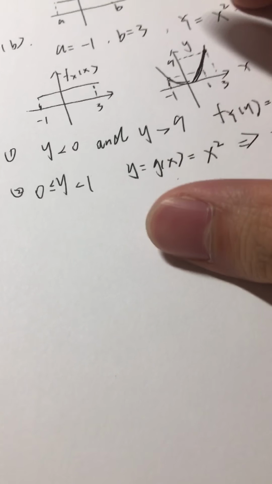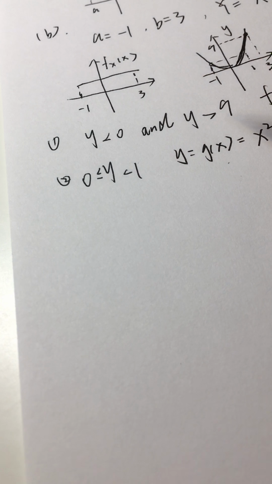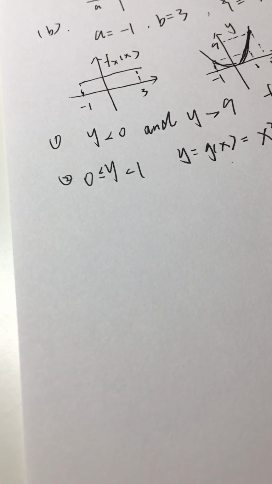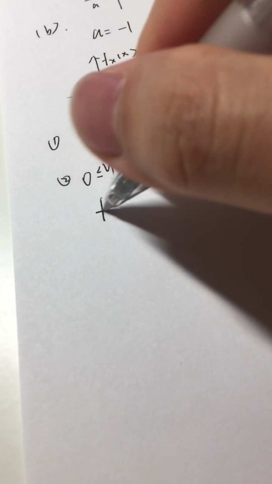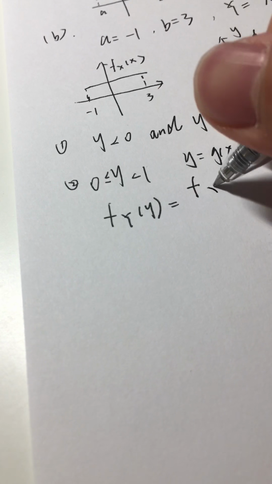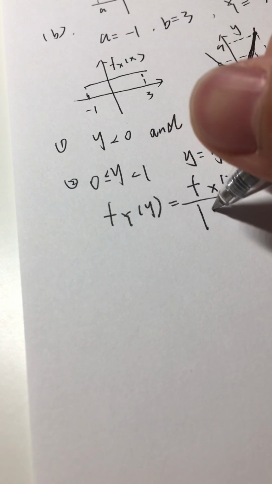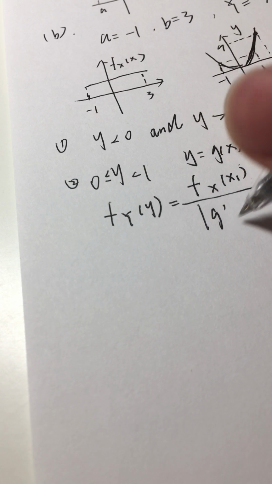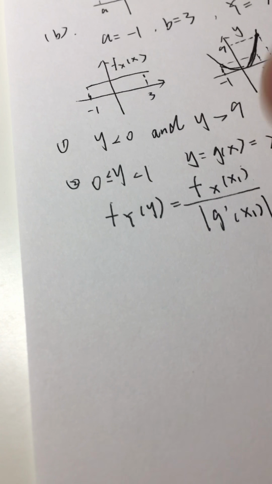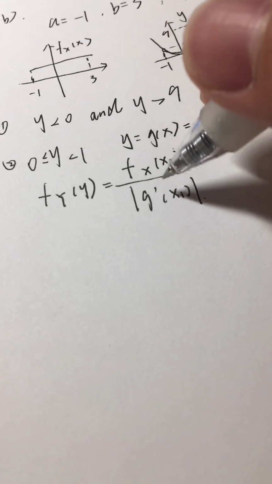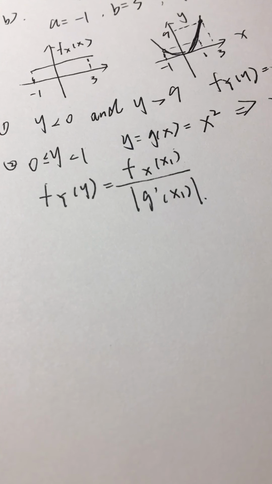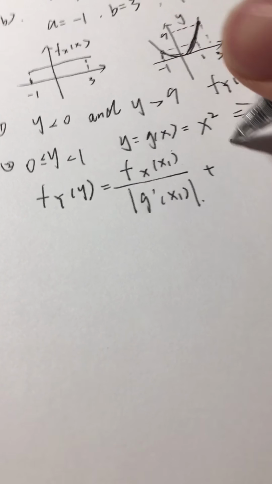According to the fundamental theorem, fy of y equals fx of x1 over the absolute value of the derivative of g at x1, plus fx of x2 over the absolute value of the derivative at x2.